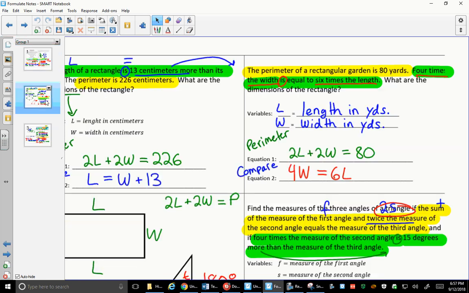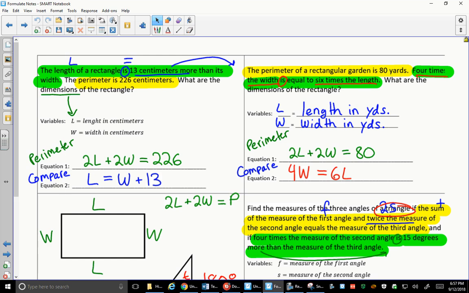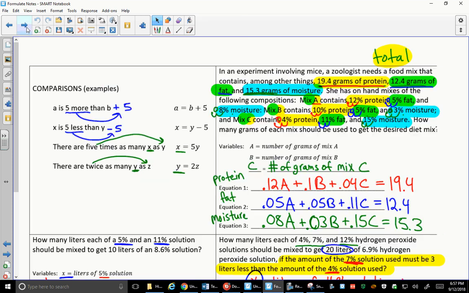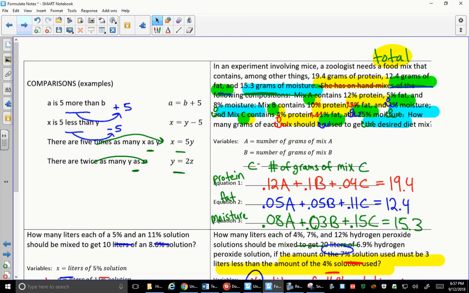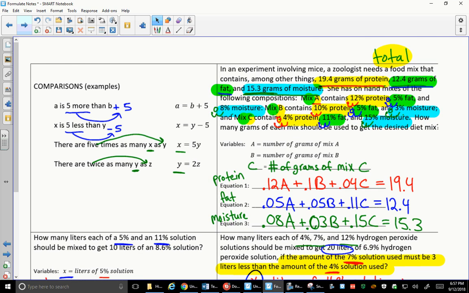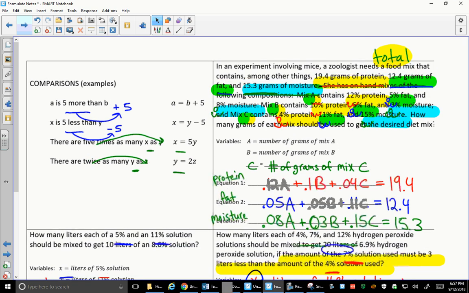The things that I feel like we didn't go over, I would definitely come and take a look at the length, the rectangle ones with perimeter. Those will be good equations to kind of look at. Those are your hints right there. The other ones to go back and take a look at would be mixture problems. Definitely come take a look at this one. This one's definitely going to be an issue. Come back and take a look at that one.